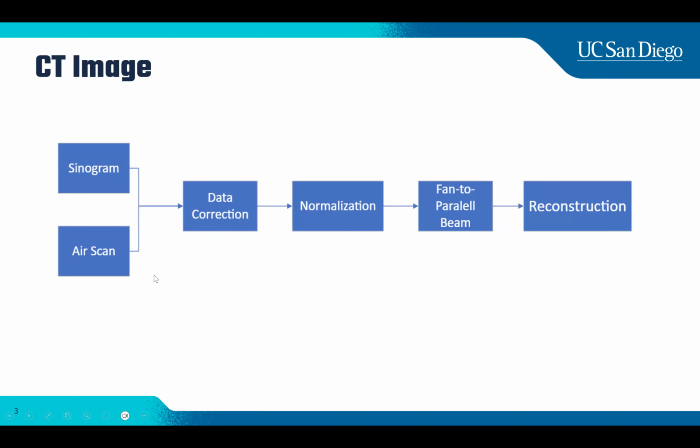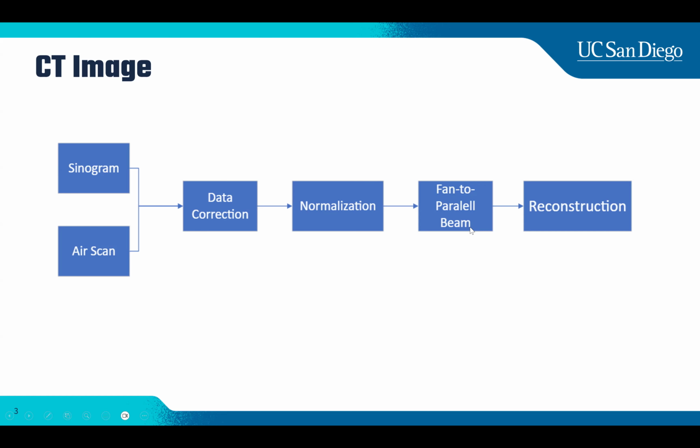So here's a flow chart of the CT image reconstruction. We started with the sinogram. We got it from the machine. Then we also needed the air scan. Then we correct the data to remove those dents in the data. Then normalize. Normalize basically uses your sinogram divided by the air scan, roughly. Then you go to the fan to parallel beam.